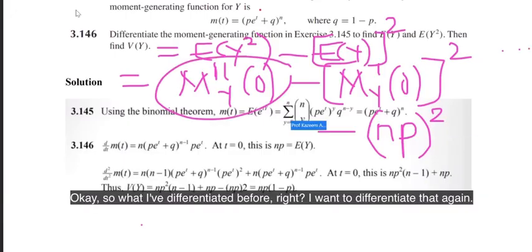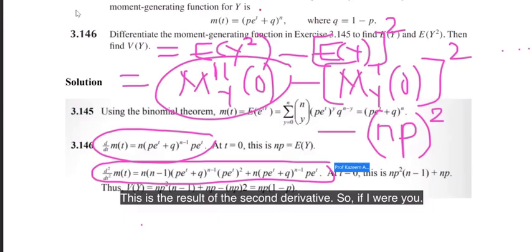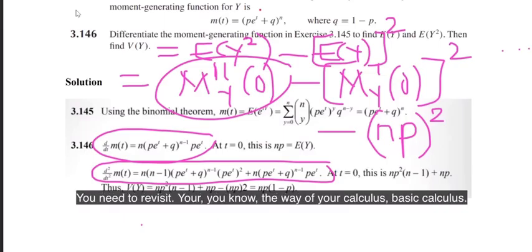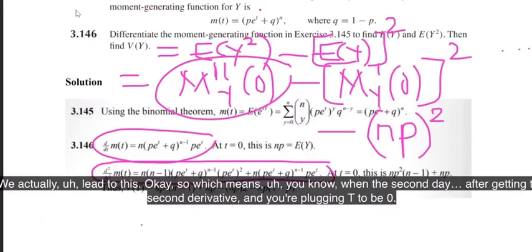So what I've differentiated before, I want to differentiate that again. This is the result of the second derivative. You need to revisit your basic calculus. Here I'm using a product rule, and of course the second derivative will lead to this.